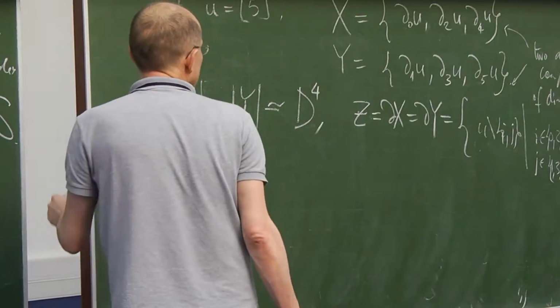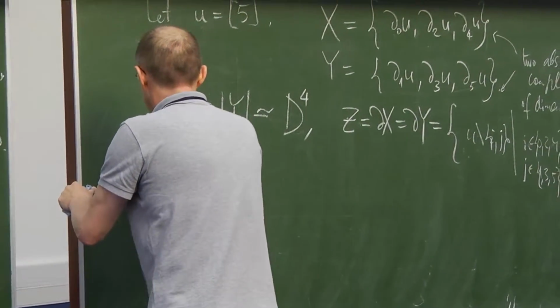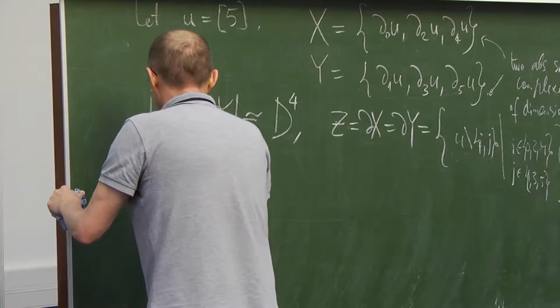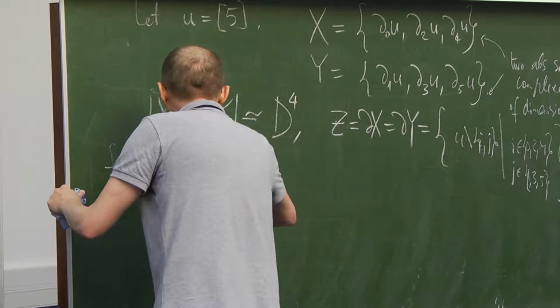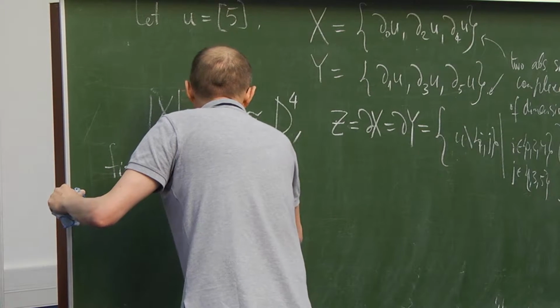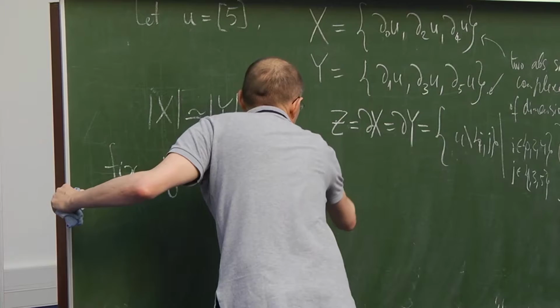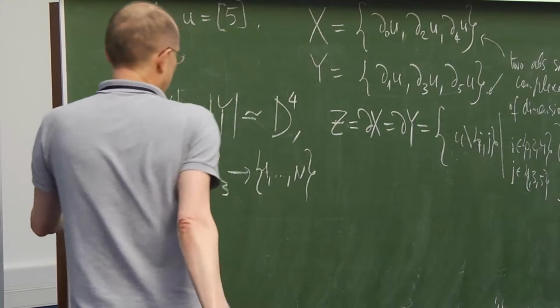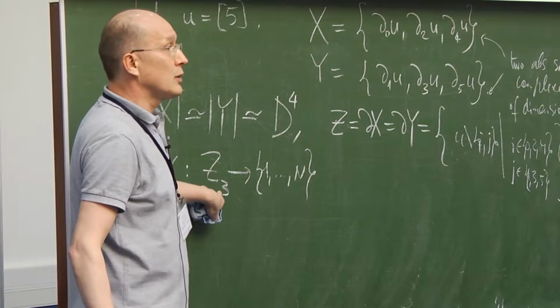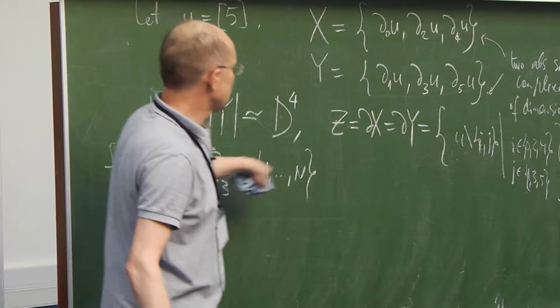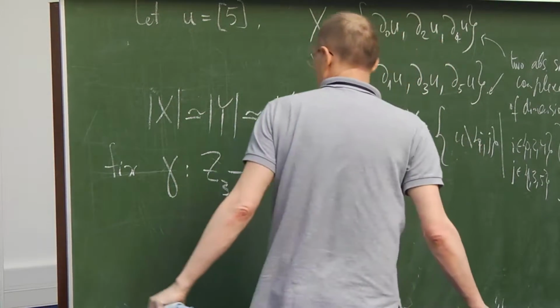And now what we do is the following. So fix gamma, a map from Z_3 to the set of our indices. 3 means all 3-dimensional simplices, namely those guys.